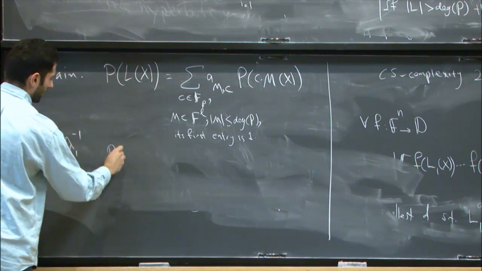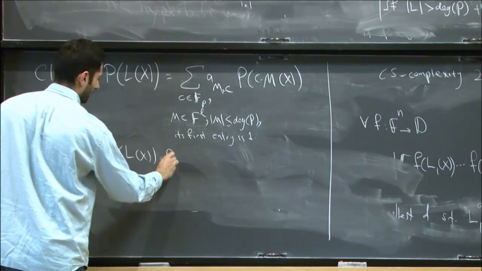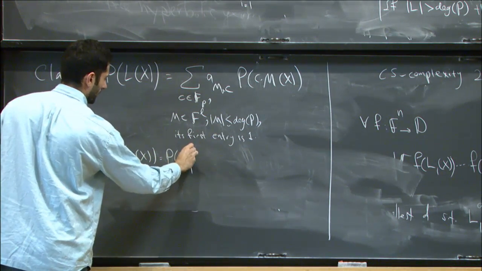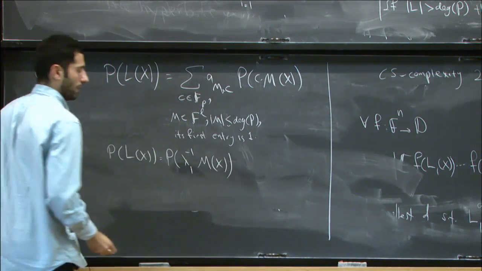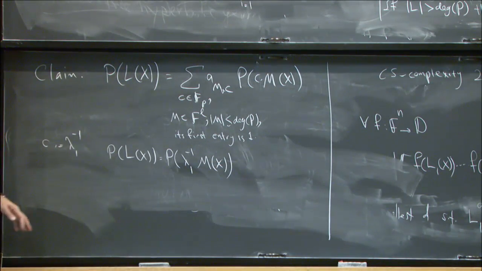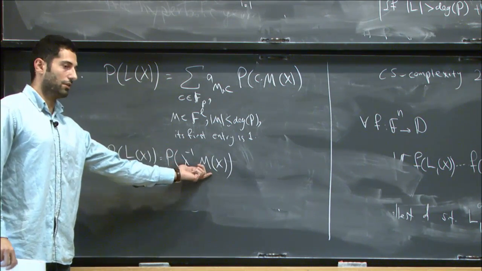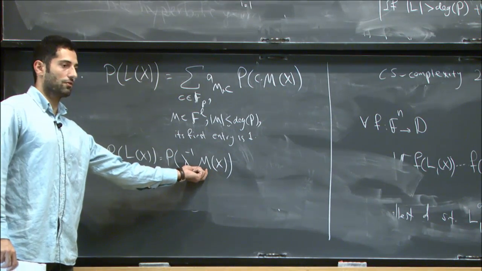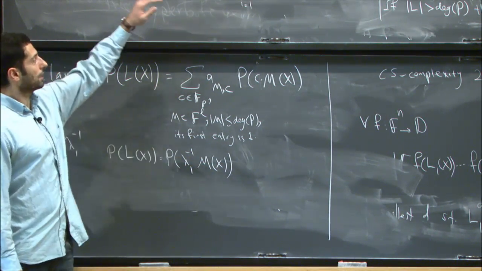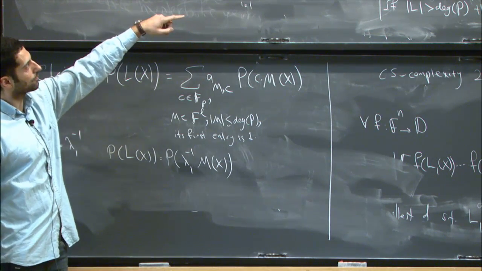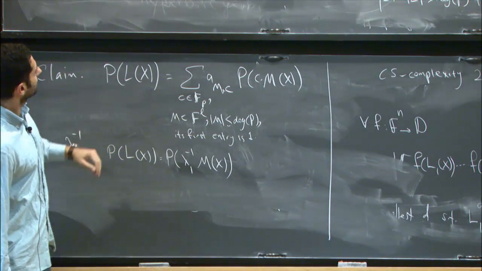And we know that P of L of x is equal to P of lambda 1 inverse times some capital M of x. This M might have a heavy weight, but at least we know that its first non-zero entry is 1. And now you apply the previous claim that we proved.